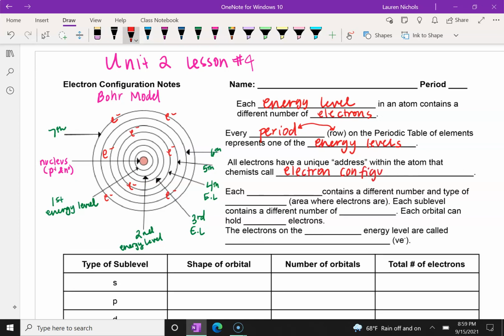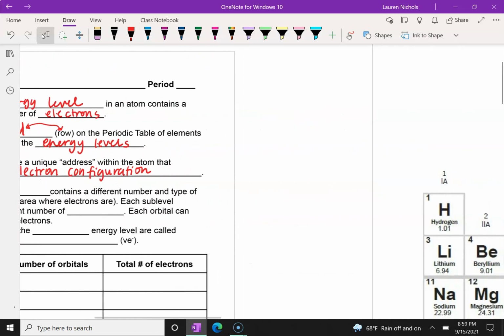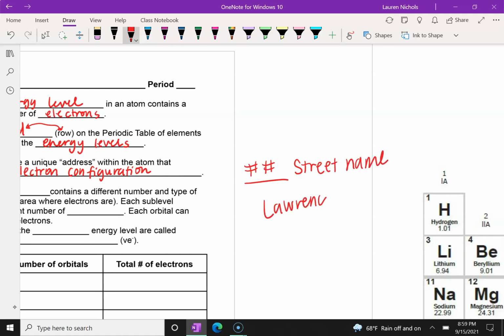What I mean by address is, if you want to send something in the mail, we know that everybody has a unique address. For example, for the school, I don't actually know the school's address, but we all have a number, and then you have a street name, and then we have Lawrenceville, Georgia, and a zip code.